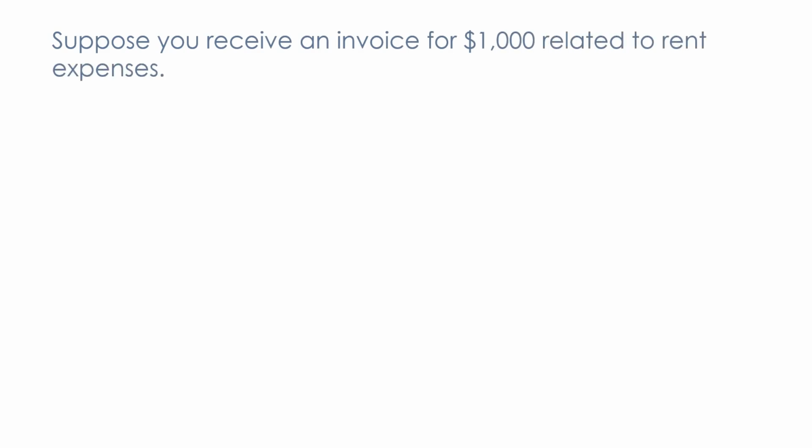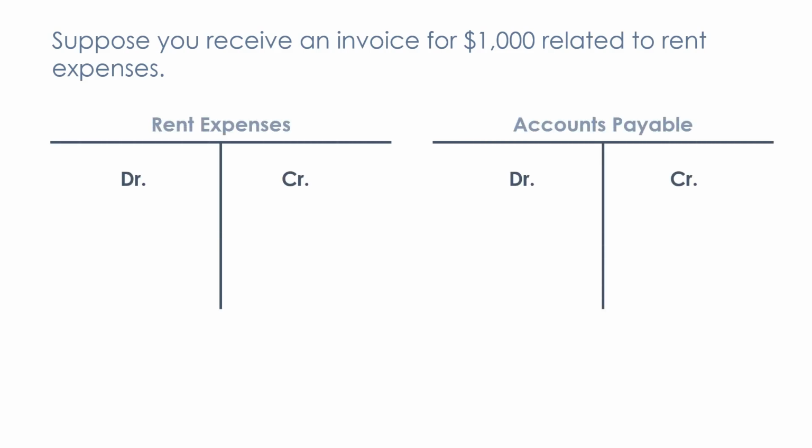To illustrate how the double entry system works in practice, let's consider the following scenario. Suppose you receive an invoice for $1,000 related to rent expenses. To record this transaction, you would create the following journal entries.